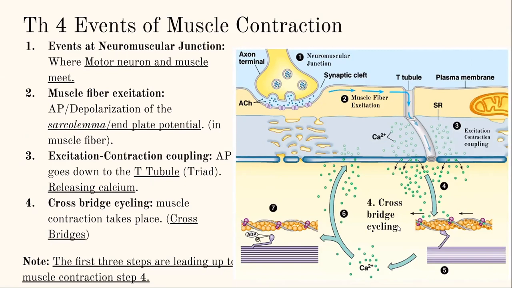One, we have the neuromuscular junction. This is where the motor neuron and the muscle meet, or specifically the motor neuron and the sarcolemma. Two, we have the muscle fiber excitation.